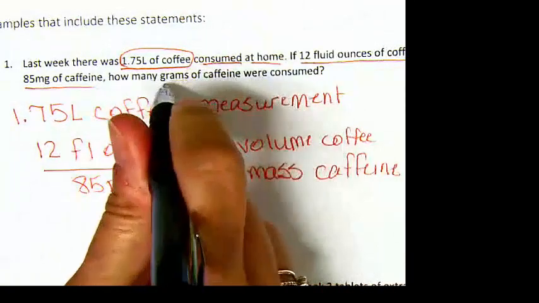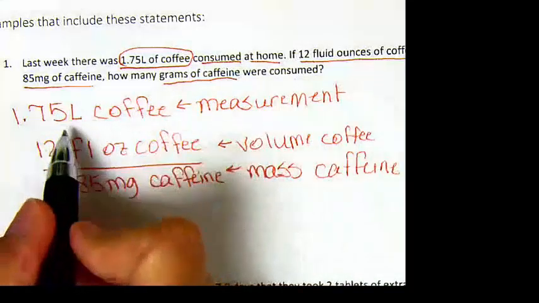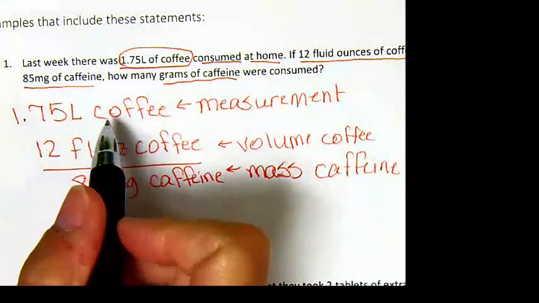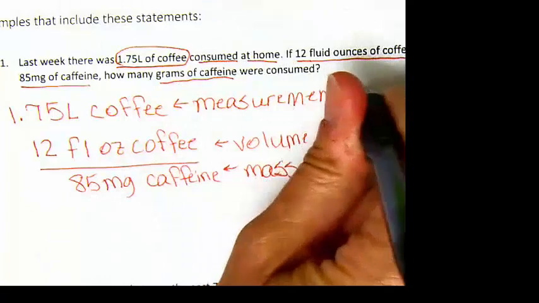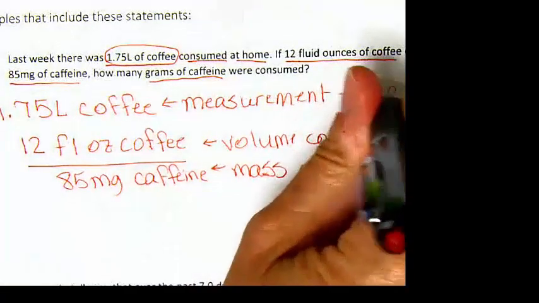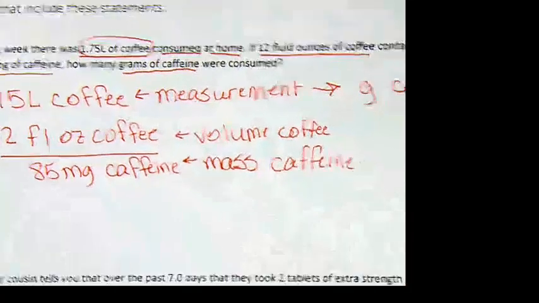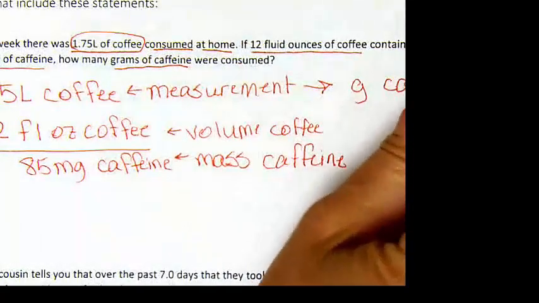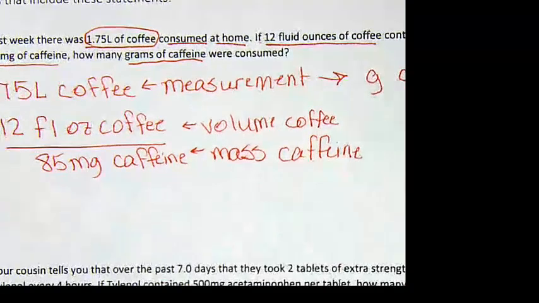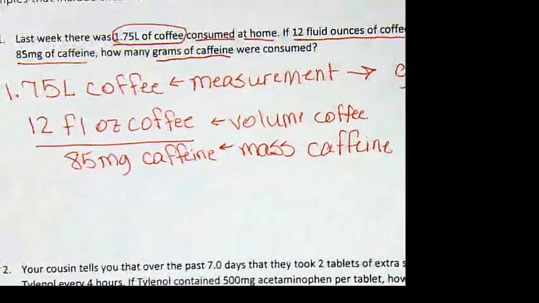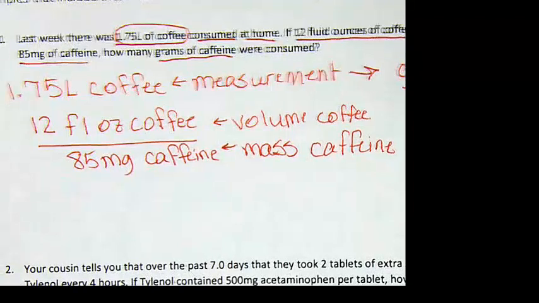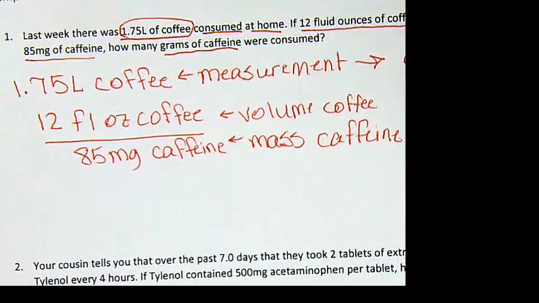Then it says how many grams of caffeine. So we want to go from the total volume of coffee, and we want to convert it to the grams of caffeine. So how do we set this up? If you've watched any of the videos that I've posted, or you've looked at the examples that I have worked out and typed up, you will hopefully see the pattern.